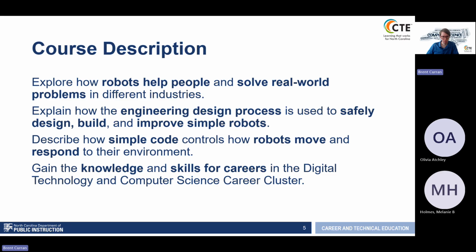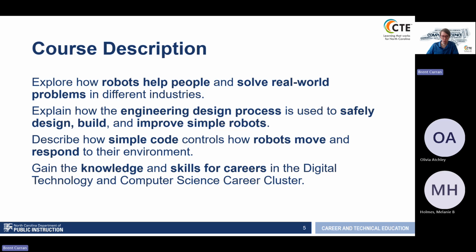Course description. I'm not going to read the entire course description to you guys, but I did highlight some keywords. These are written in a language that 8th grade students, 6th grade, 7th grade students, and their parents can understand. So imagine someone who has never done anything with robotics. They should understand robots help people.